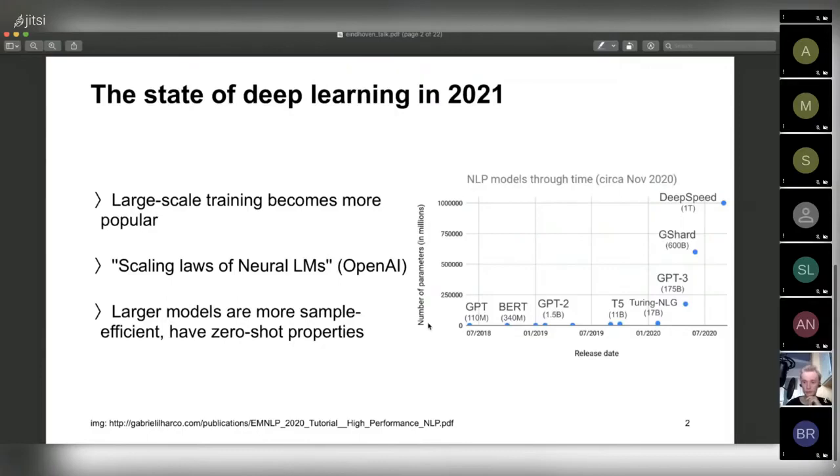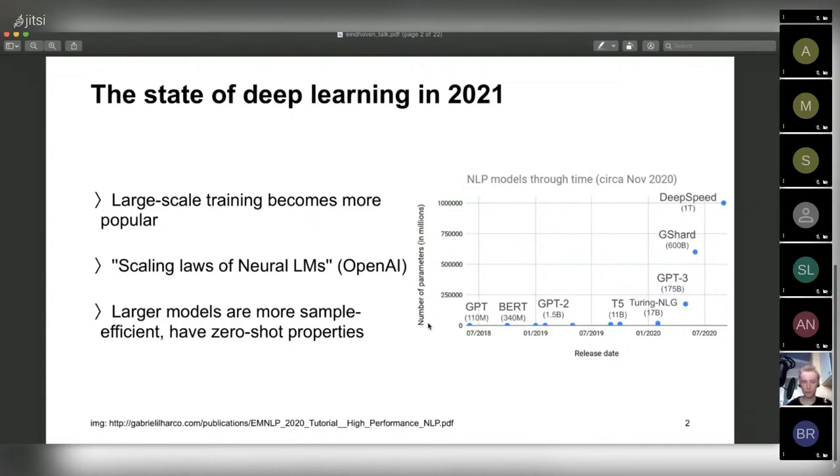So basically, we have an exponential scale with larger models reaching 1 trillion parameters. We don't have it in this picture, but some papers by Google, for example, Switch Transformers, reach even higher parameter counts.